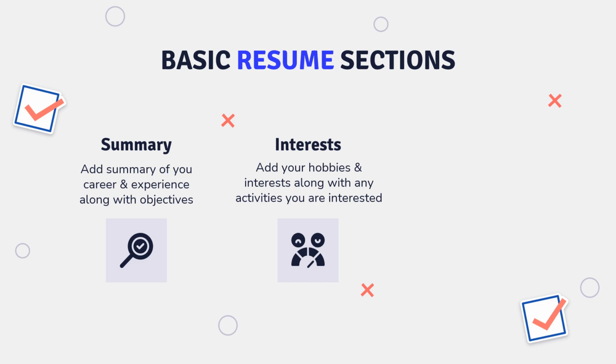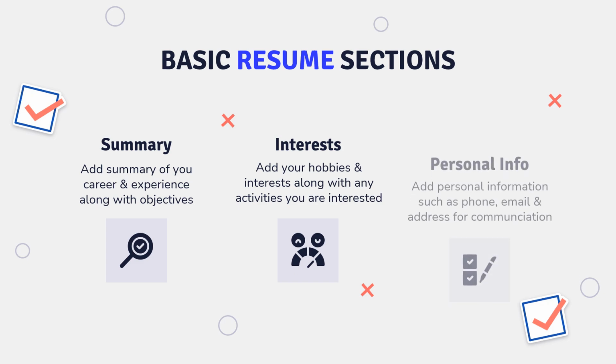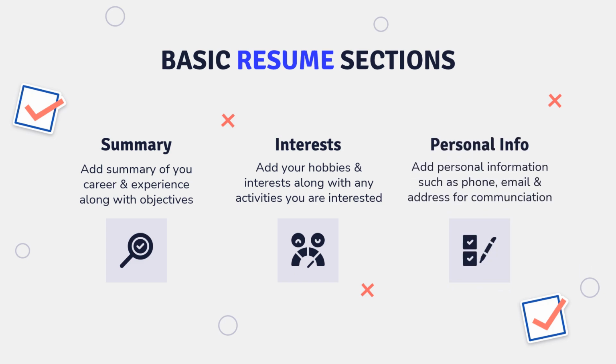So make sure you customize or tailor them in that fashion. And lastly, you add the personal section where you add information such as phone, email ID, and address for communication purposes. These three are the basic sections, and you have to add them in all resumes. So get this information and put it on the side.